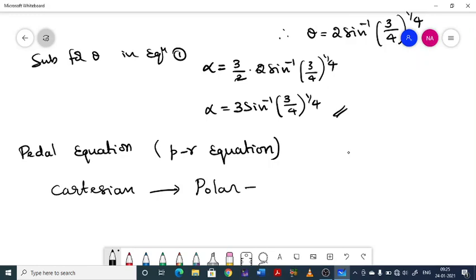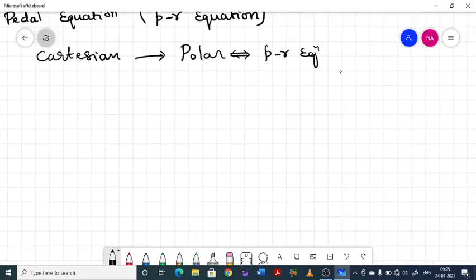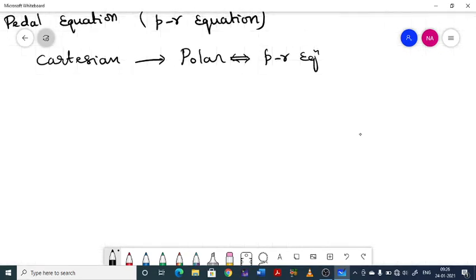There is another coordinate system, which you can take as equivalent to the polar coordinate system, that is the PR equation. So what are PR equations? That is, an equation represented with the parameters P and R. That is the simplest definition you can say.